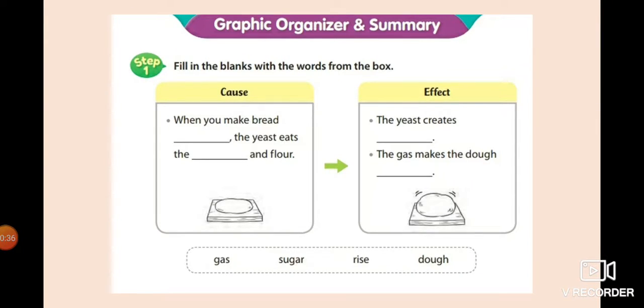In this case, we develop the graphic organizer and the summary. Okay, we fill in the blanks with the words from the box. For example, we have the cause and effect. Una causa y un efecto. When you make bread dough, in that case, the yeast eats the sugar and flour. Exactly.